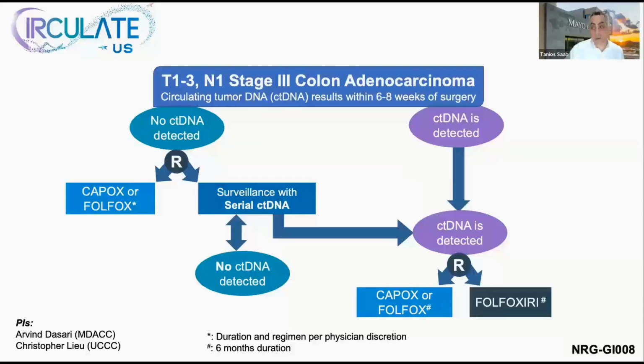CIRCULATE US is trying to address the questions of MRD negative, MRD positive, similar to CIRCULATE Japan, but there's also another aspect of the study that is trying to look at what happens to those MRD negative patients who don't get adjuvant chemo, and then they turn positive. Those patients, before we see any evidence of lesions on scan, get randomized to chemotherapy or more intense chemotherapy.